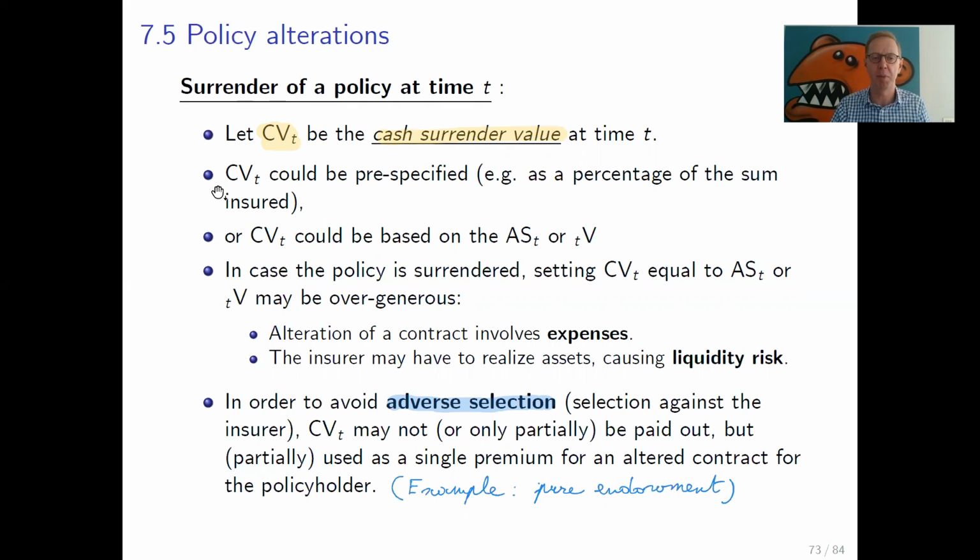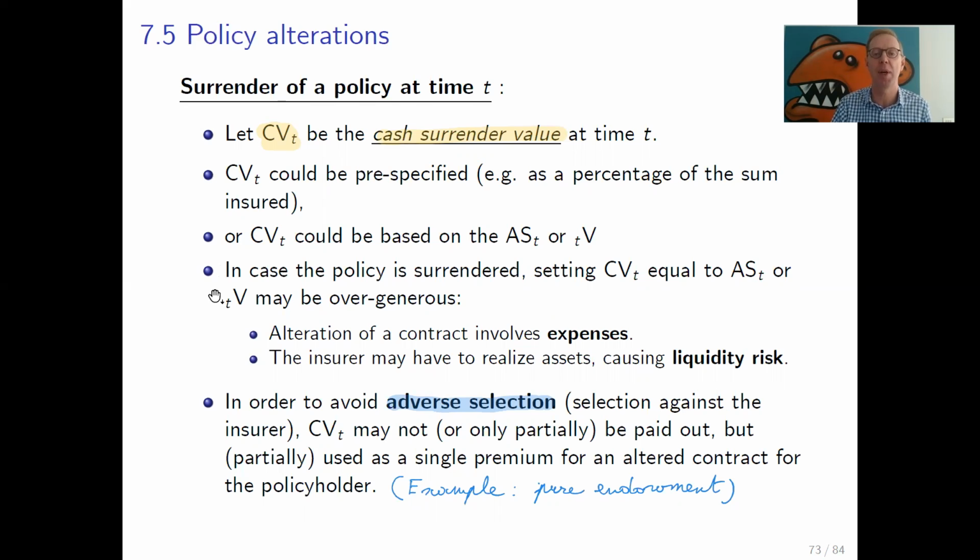CV_t could be pre-specified in the contract. For instance, it could be a percentage of the sum insured, or CV_t could be based on the asset share or on the policy value. So CV_t could be based on the asset share, what is available for your contract, or the policy value, what was still required for your policy at time t.